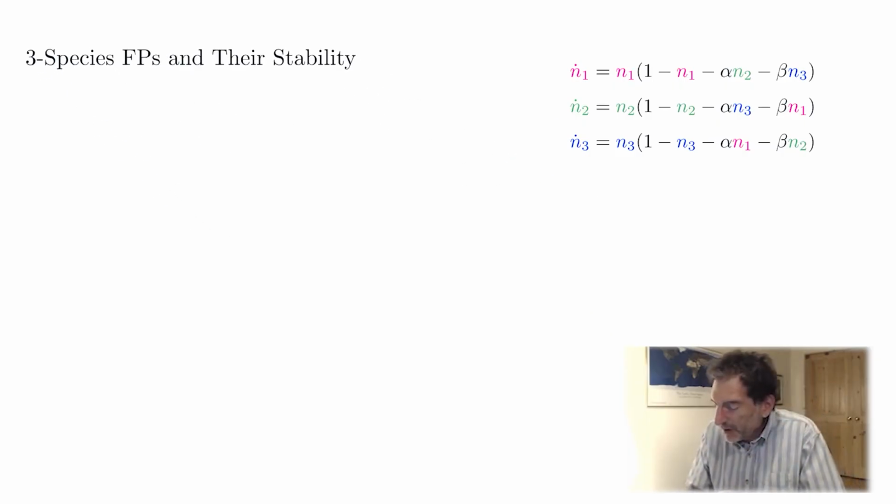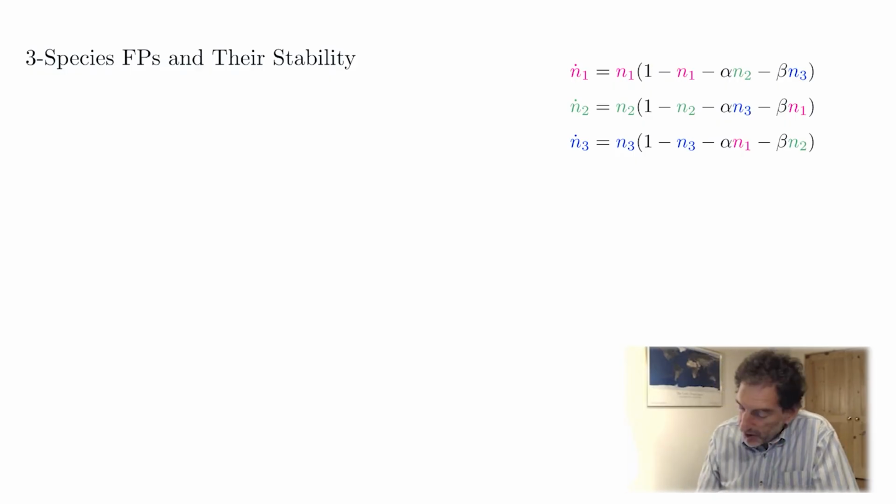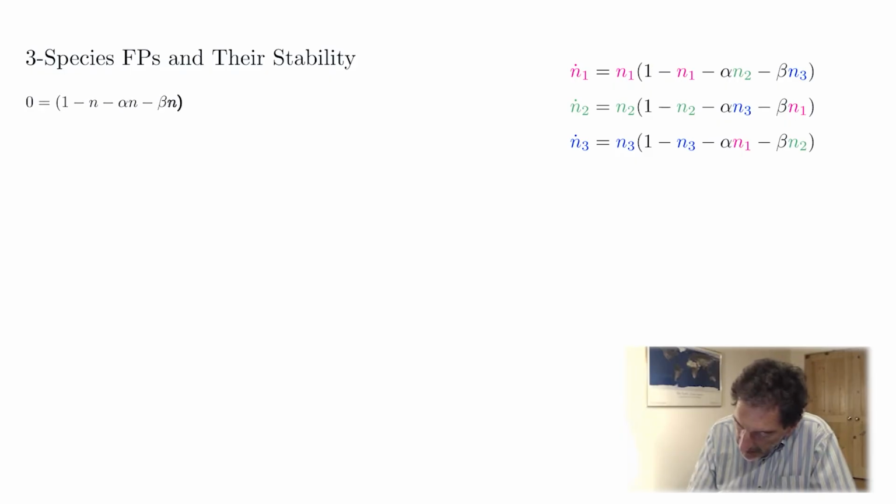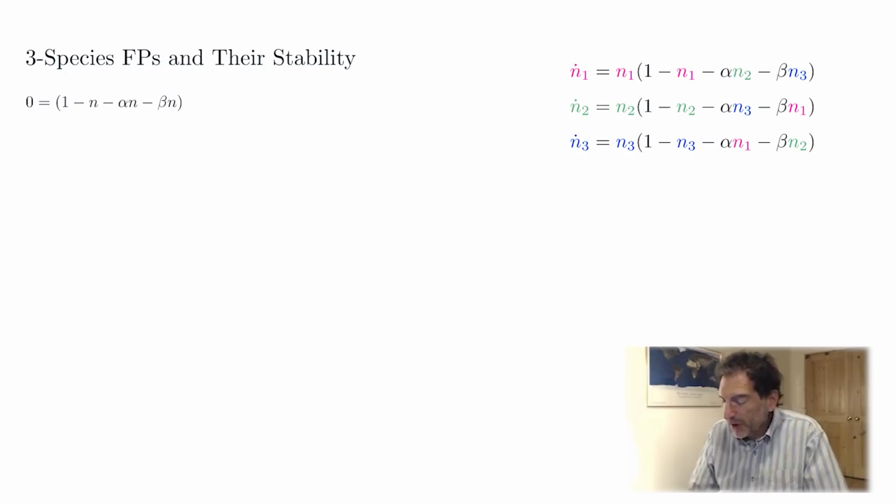By symmetry, we expect that the three species fixed point will be a symmetric fixed point. So let's assume that all the densities are equal, and then we can use any one equation. So if we set n1 dot equals 0, we'll get 0 is equal to 1 minus n minus alpha n minus beta n. I'm assuming the fixed point is non-zero so that we can forget about the n prefix.